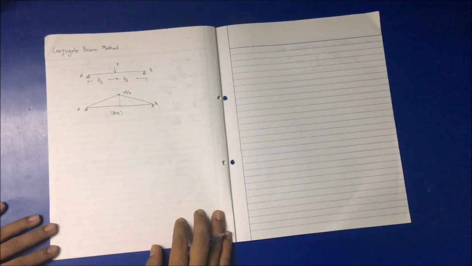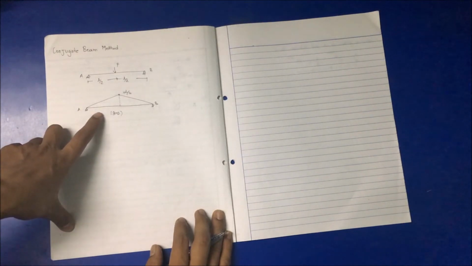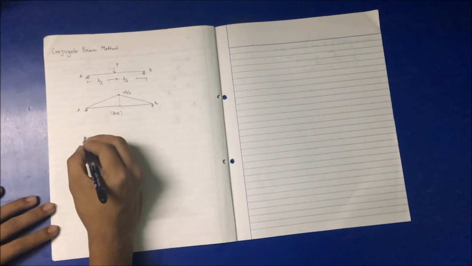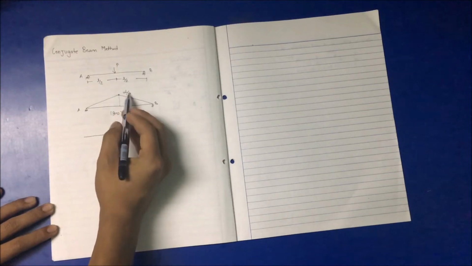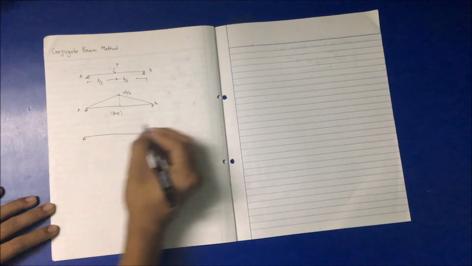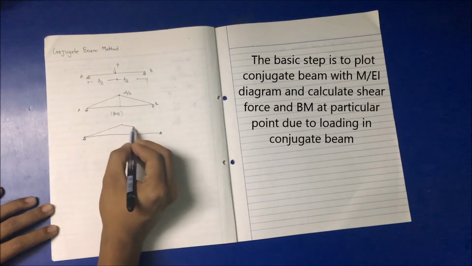Now the main step in the conjugate beam method is to convert this bending moment diagram to an M/EI diagram. For this, we divide the magnitude by EI, and then we'll get the required M/EI diagram.